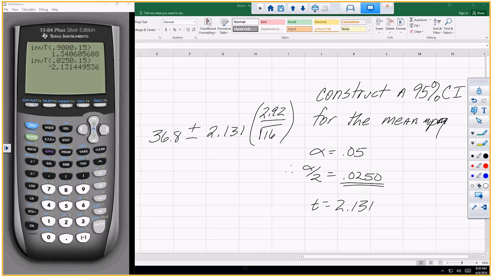Confidence what? Interval. What's a confidence interval? In this case, the mean is going to be in the middle, and you're going to have a number here and a number here. This is the lower bound. This is the upper bound. So that's why you got the positive and negative there.